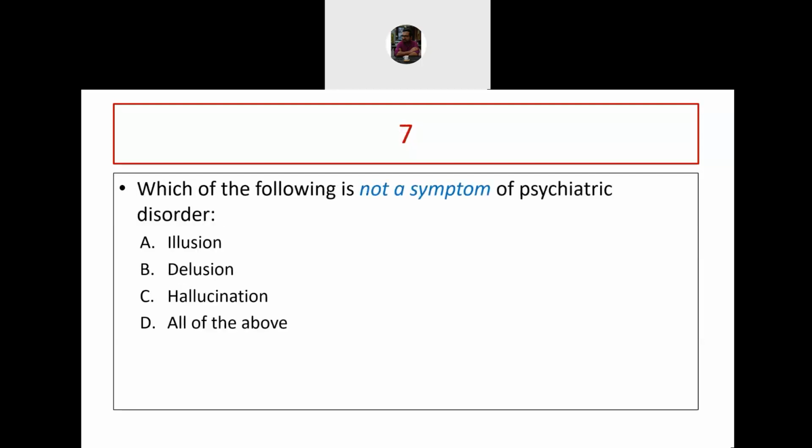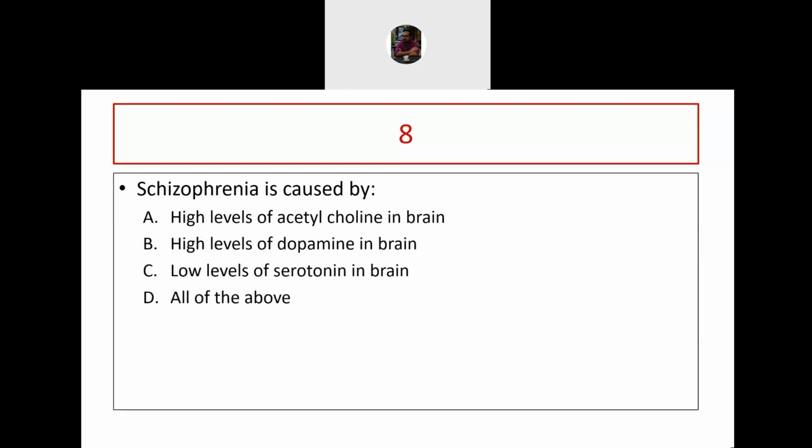Next. Which one of the following is not a symptom of psychiatric disorder? And the last question before we start discussion.